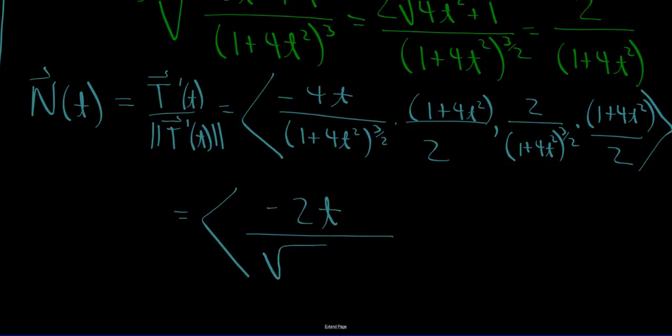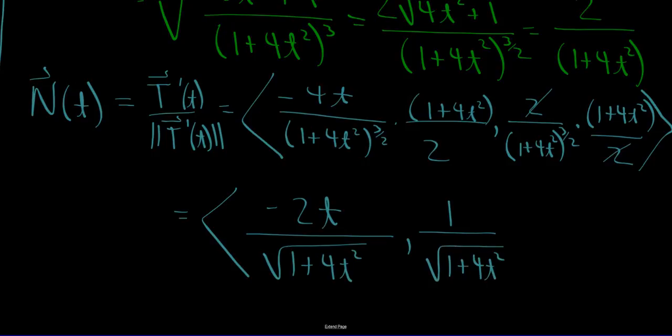And then this one over here, the 2's are going to cancel. And it looks like we're going to have 1 over 1 plus 4t squared to the 1/2. Does everybody see that?